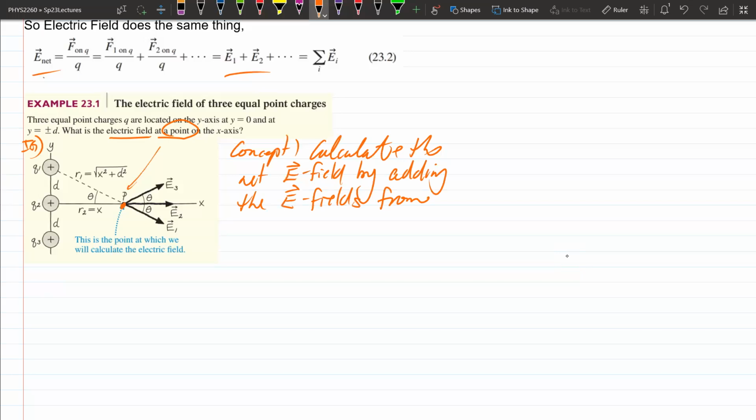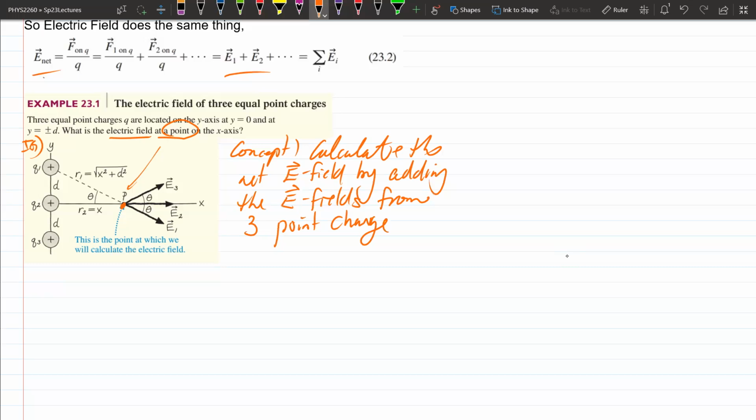We're going to have to add how many E fields together? 3, right? From 3 charges. Specifically, they're point charges, because it's not a rod, not a sheet, not a sphere. Even though they're drawn as spheres, they're just assumed to be point charges.